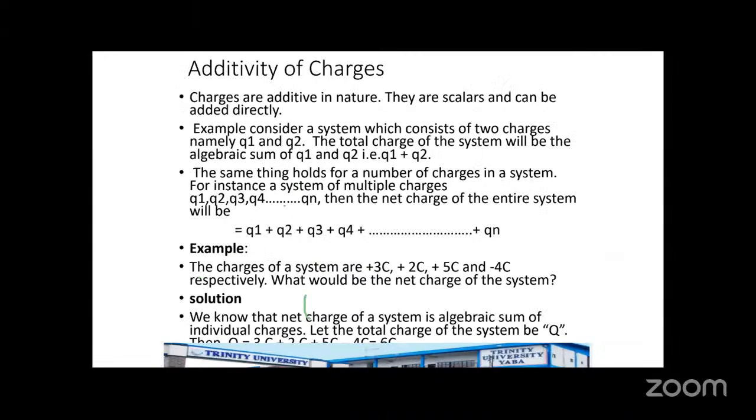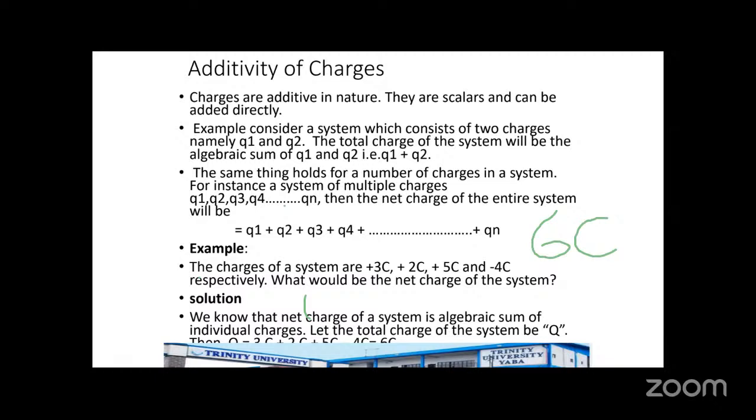If we are asked to find the net charge, that is the total sum of charge of that system, that will be plus 3 plus 2 plus 5, that is 10. 10 minus 4. So the total charge in that system will be 6 coulomb. So charges are additive in nature because they are scalar quantities.